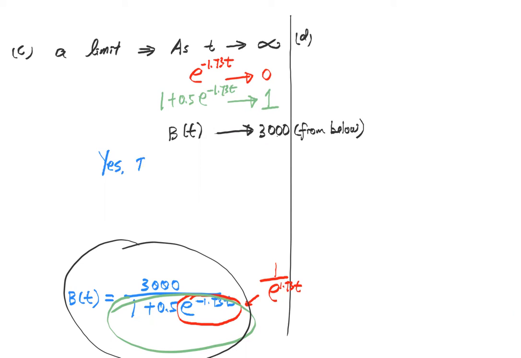The population of bees will not go beyond 3,000. Are you clear? Would that be okay?